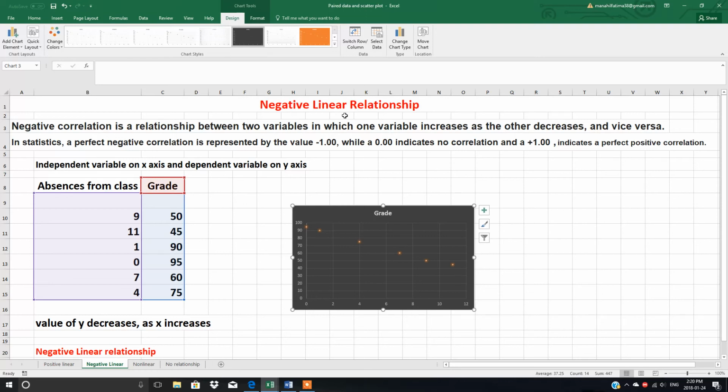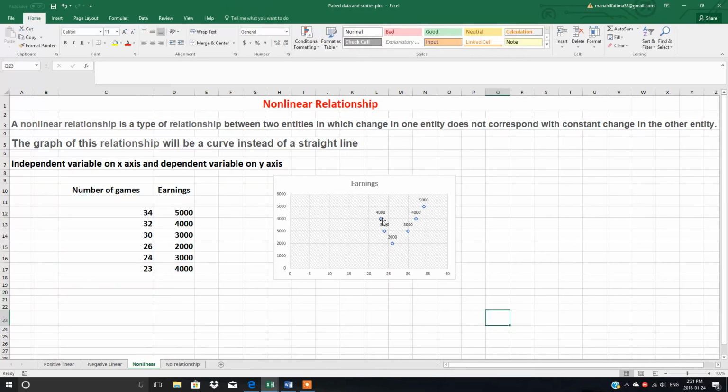It is called the negative linear relationship and is represented by -1. If someone shows you only this graph and asks what the relationship is, you have to draw a line because it is the linear relationship. You can say it is a negative linear relationship because one variable increases and the other decreases. Non-linear, if you join these points, you will receive a curve. Then you can say this is a non-linear relationship.